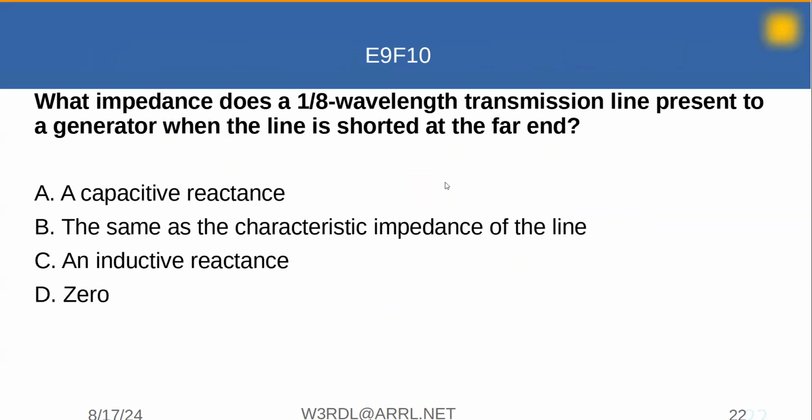What impedance does a 1/8 wavelength transmission line present to a generator when the line is shorted at the far end? It was shorted and it's an eighth of a wavelength long. Instead of being infinite impedance, it's going to be what?